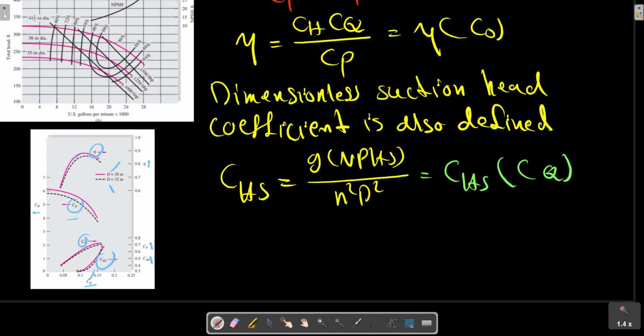The best efficiency point in the picture is approximately for CQ.